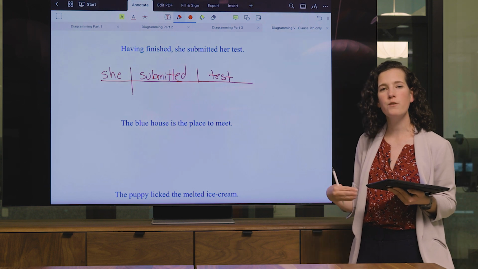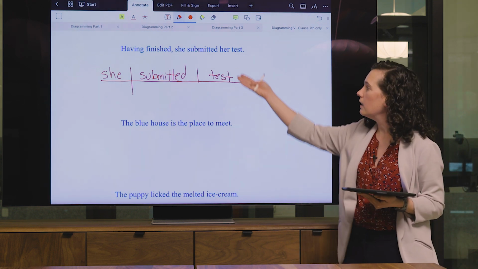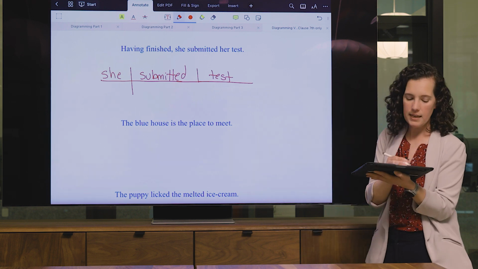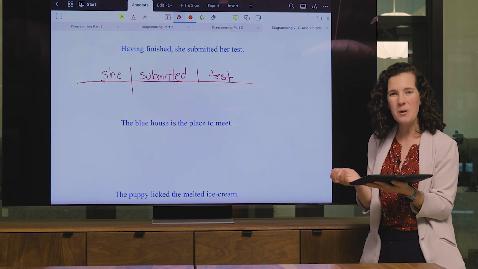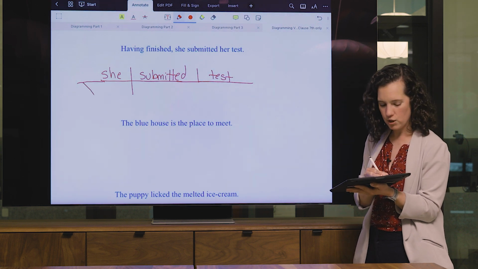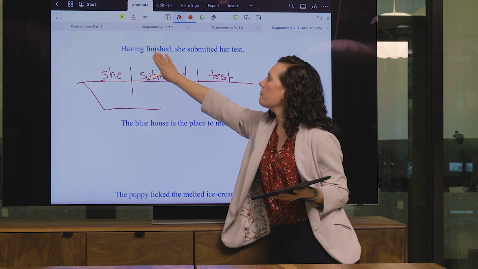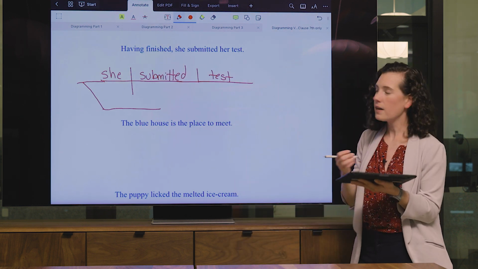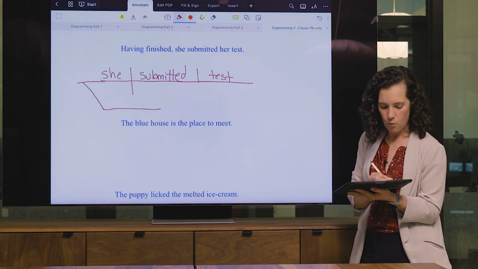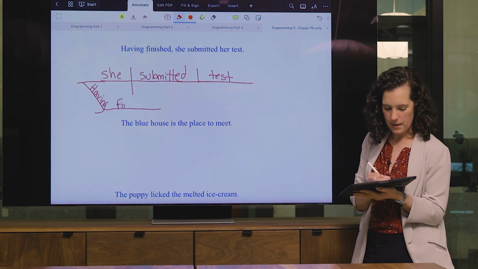Having finished is giving you more information about she. She has finished the test. In this case, having finished is a participial phrase. So to draw that, we have this shape here, but this participle is 2 words long. Because it's 2 words long, we put 1 word on this line and the other word on this line.